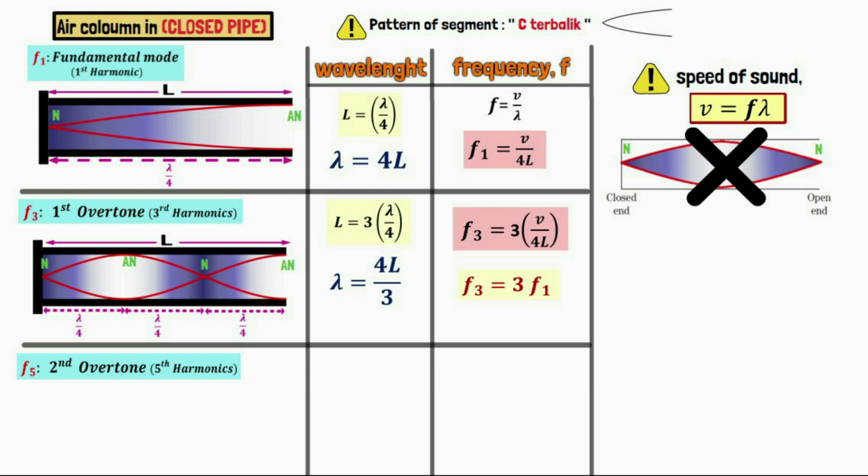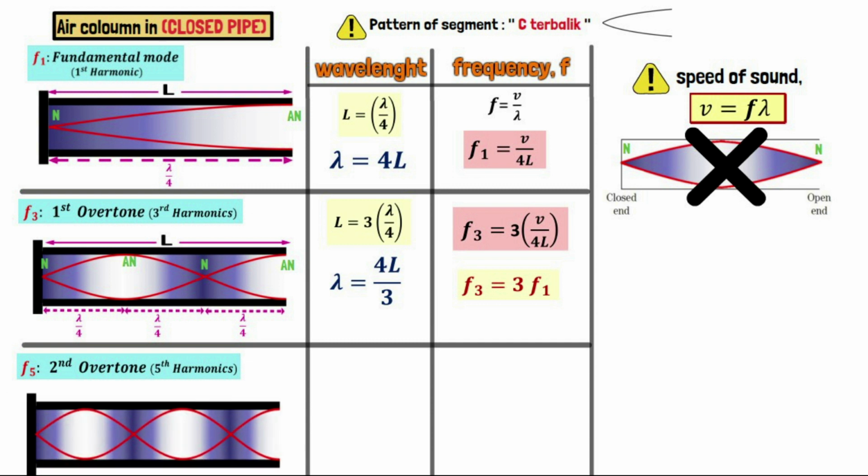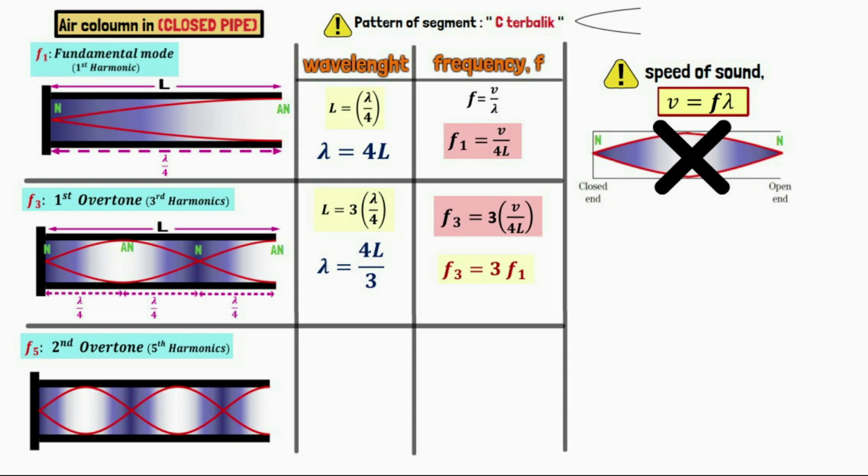Okay, jadi kita terus proceed kepada fifth harmonics dan nama lainnya adalah second overtone. Okay, so bila kita kata fifth harmonics, so bagaimana untuk kita lukis the standing wave produced in a closed pipe? Kita mesti lukis 5 kali C pattern.